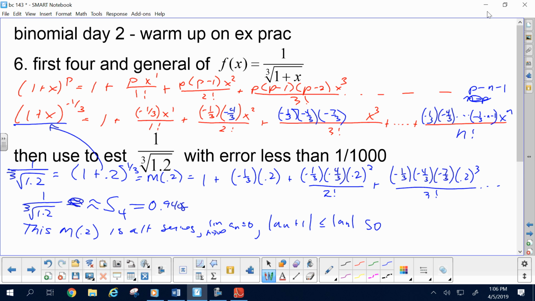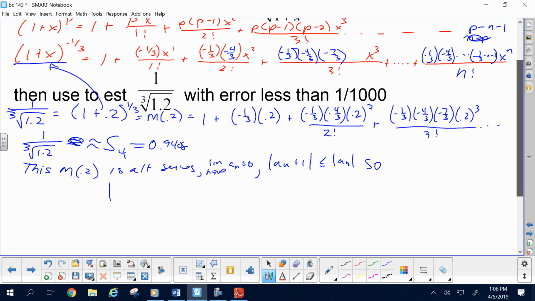And so because of that, it must be the case that the difference between the true infinite sum S and S4 is less than or equal to the absolute value of 8.5, which is 2 point something times 10 to the negative 4th, and that's less than $1,000. All right, I proved that my error is less than 2 10,000ths, and so yeah, it's less than $1,000.